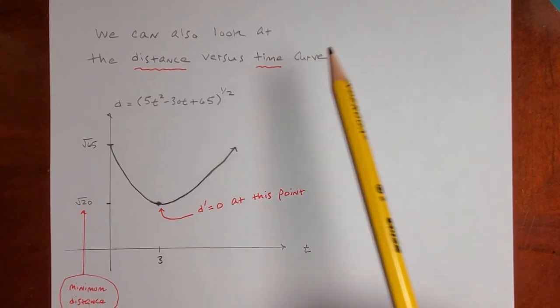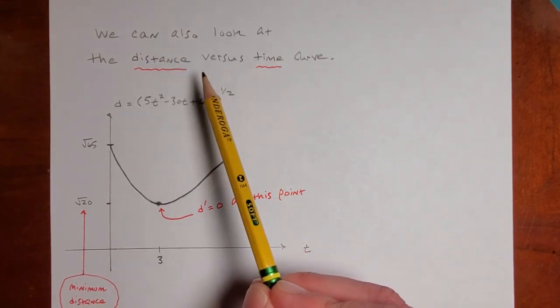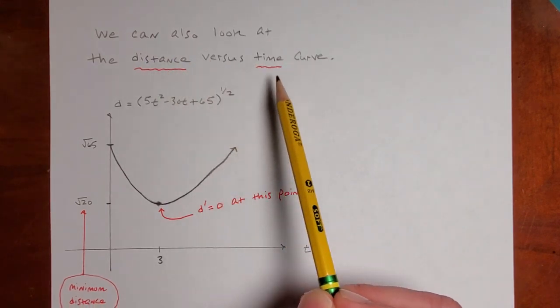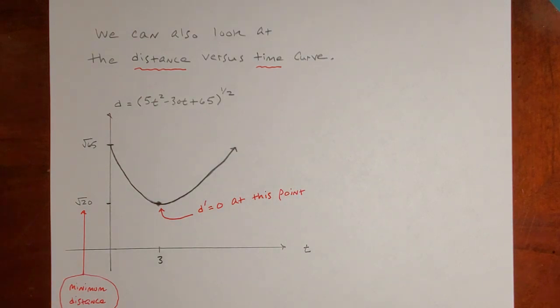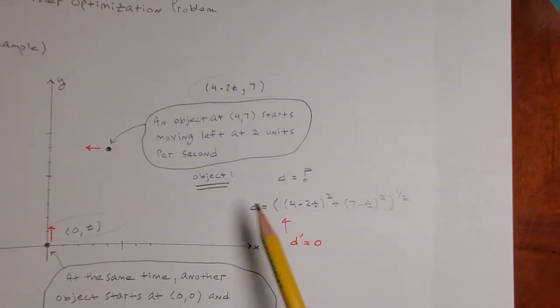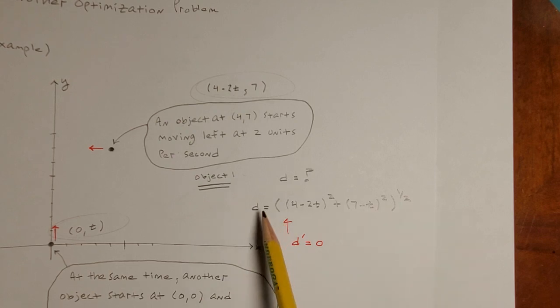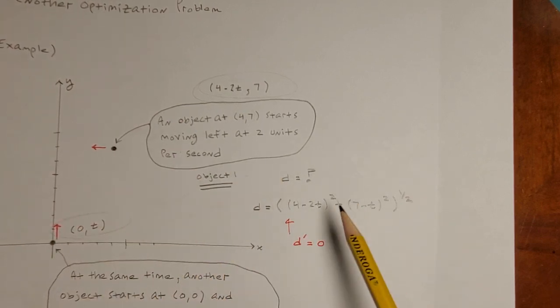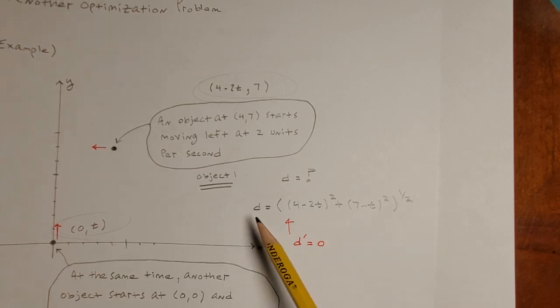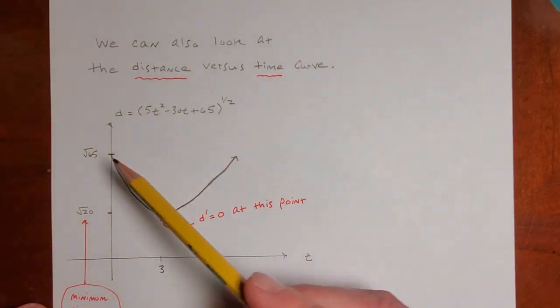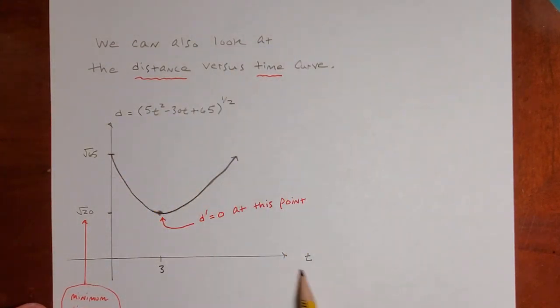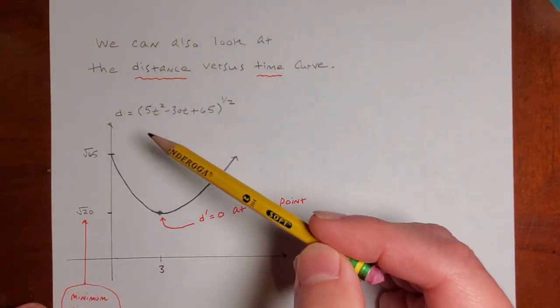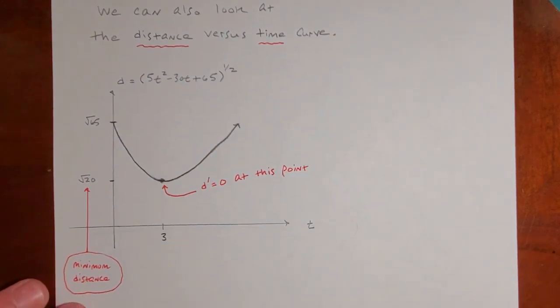So here in this problem, we might consider looking at the distance versus time curve. Okay, in other words, like here's this formula. It gives me the distance that these objects are away from each other at any time. It's a function of distance versus time. If you want to visualize that, you could plot a curve, let's say time on the horizontal axis, d for distance on the vertical. It turns out to be what that curve looks like.